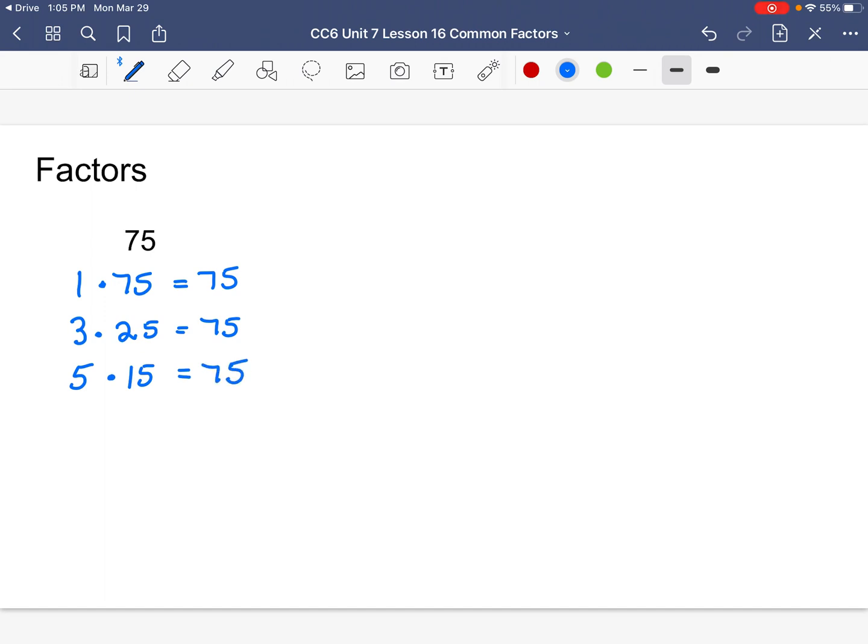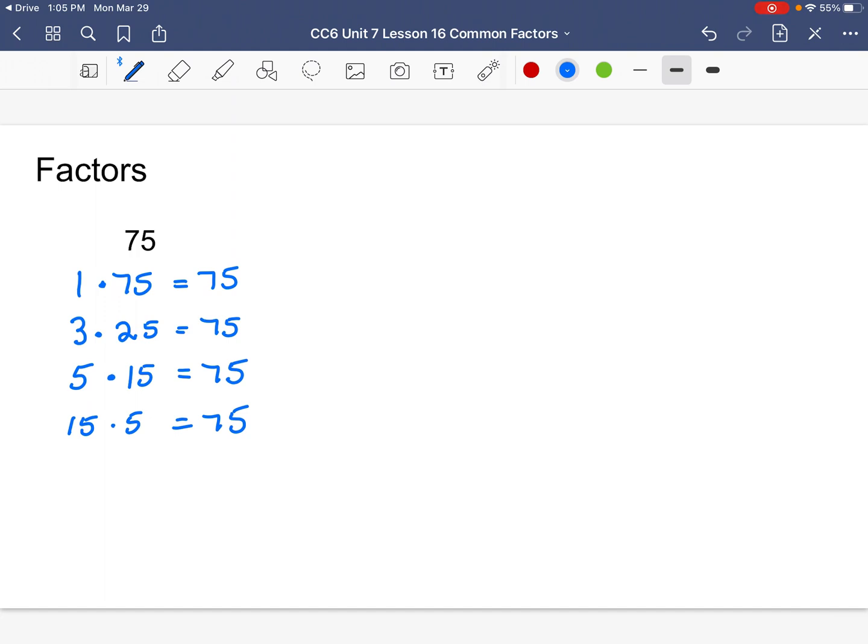And then as I continue through the numbers, 4, 6, 7, 8, I can't divide 75 by any of those. Can't divide it by 9, 10, 11, 12, 13, 14. I can divide 75 by 15, but we already have that in the row above, so that means we're finished.